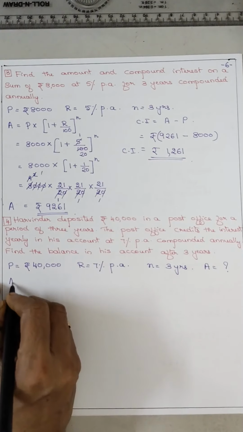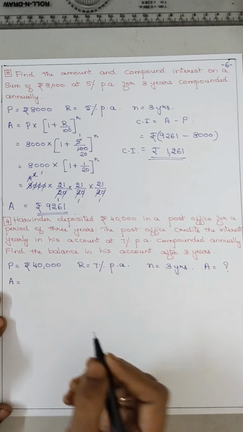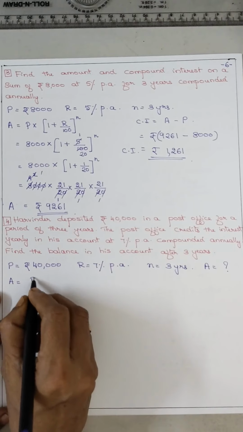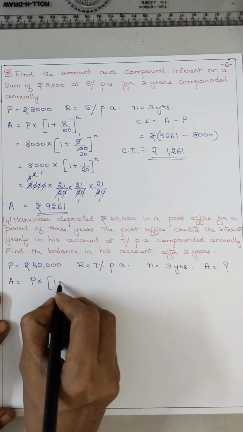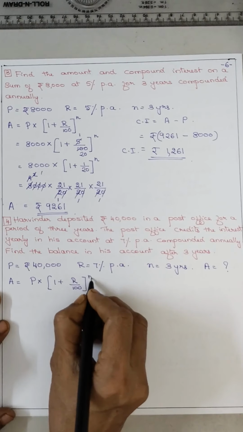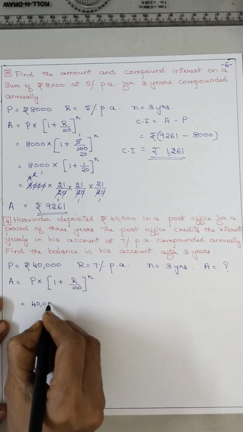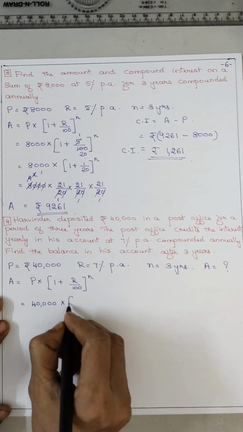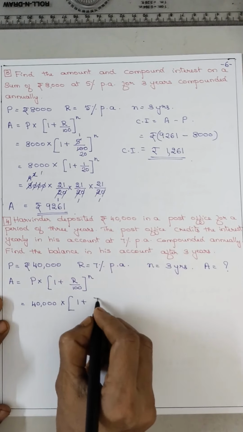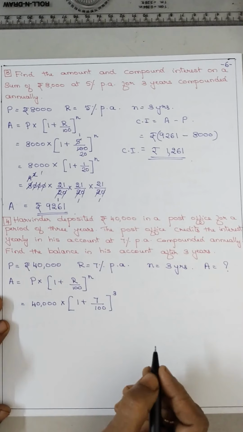So put the formula. No need of finding the CI. Directly the amount. P into 1 plus R upon 100 the whole raised to n. Now 40,000 into 1 plus 7 upon 100 the whole raised to 3.